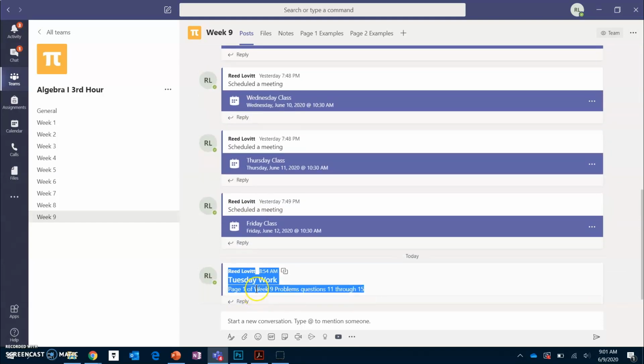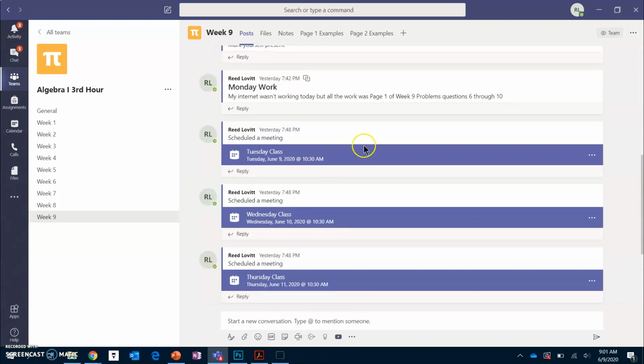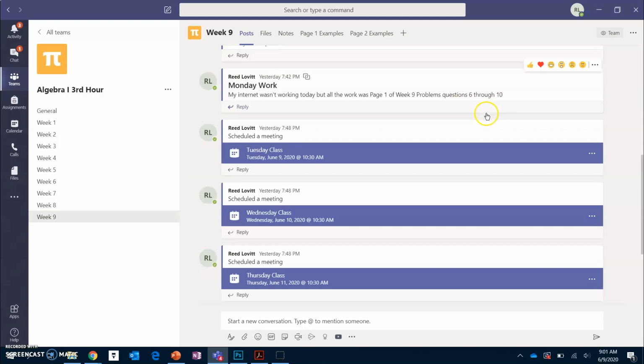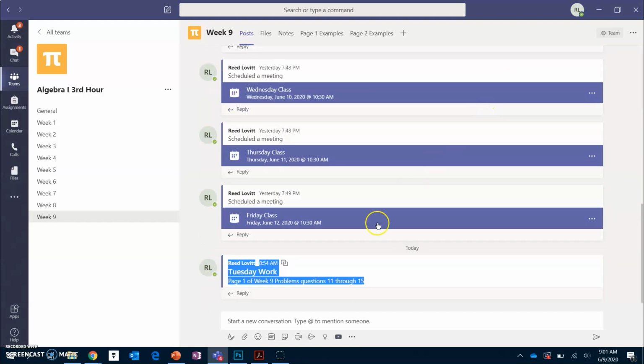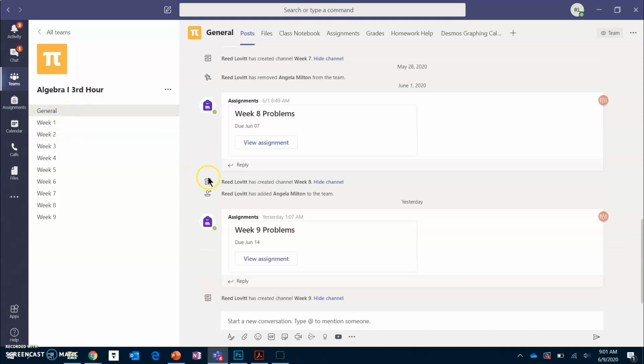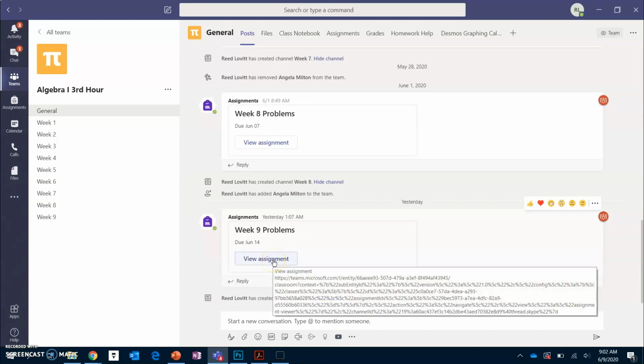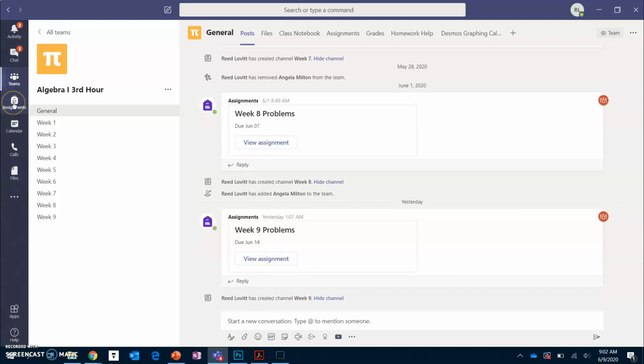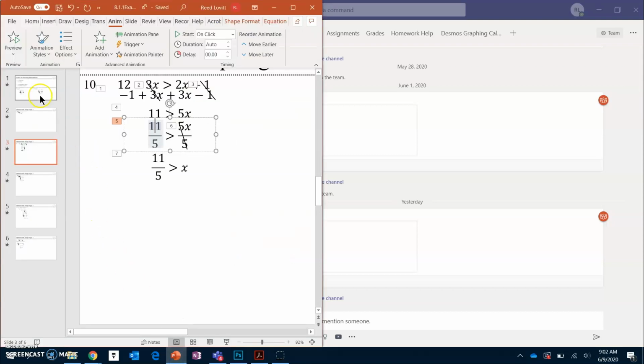So between today, 11 through 15, and yesterday, 6 through 10, all together we're doing 6 through 15. Remember, you can find the assignment over here in the Generals tab. You can click on Week 9 Problems, or you can click over on Assignments and go to your class and find it there. All right, so let's take a look at the problems.